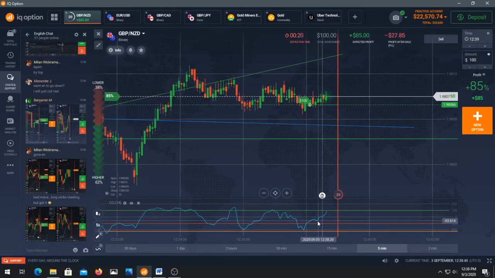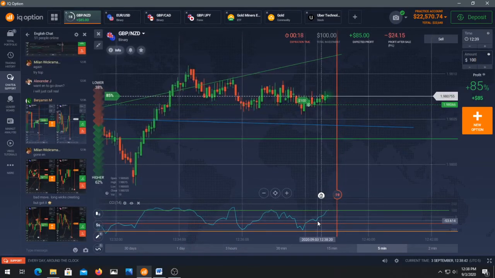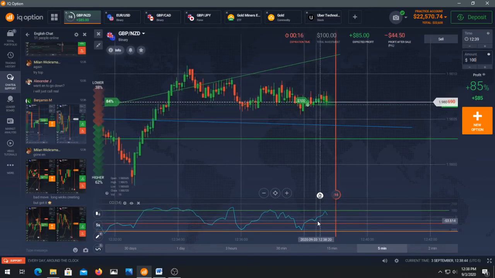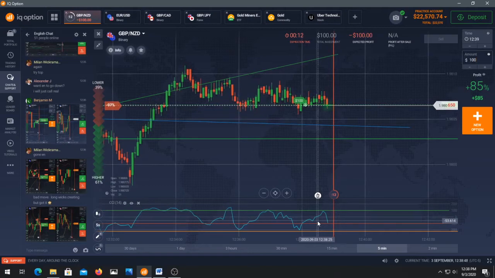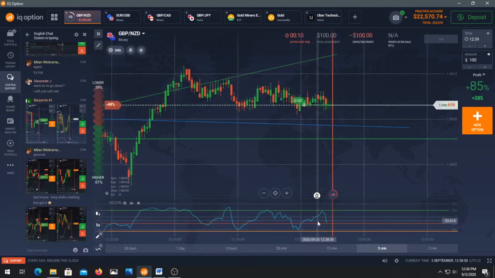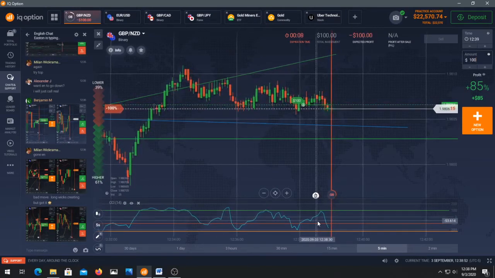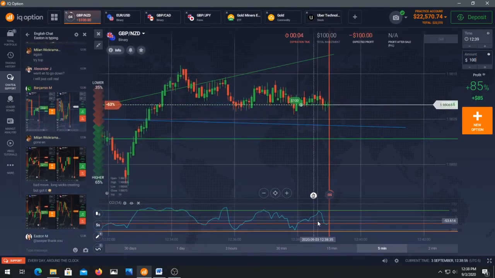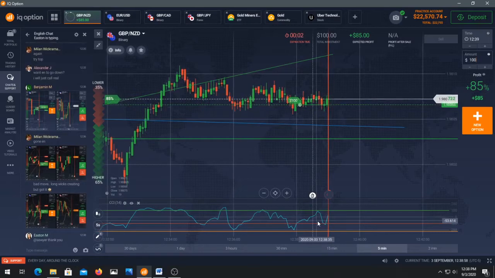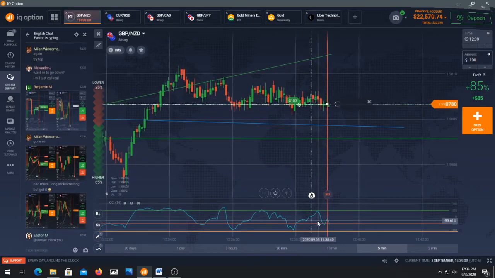It tells you whenever the pair or the commodity is being oversold or overbought, and so what you try to do is, if it's on the oversold side, then depending on the state of the market, you tend to take a buy trade.